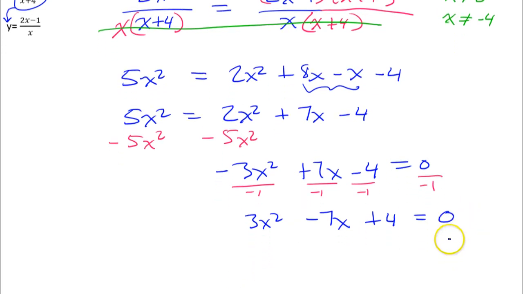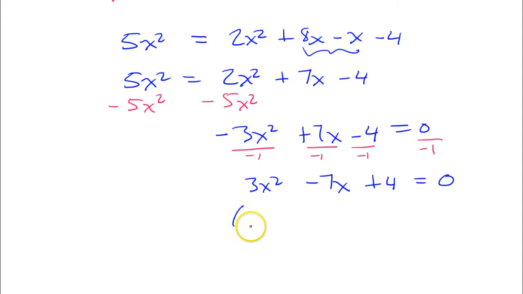Okay, now maybe this is factorable. I don't know, but I shall try. 3x squared would factor only as 3x times x. Now when I look at that 4, 4 could either be 2 times 2 or 1 times 4. I'll start with a 2 times 2. See how that goes.